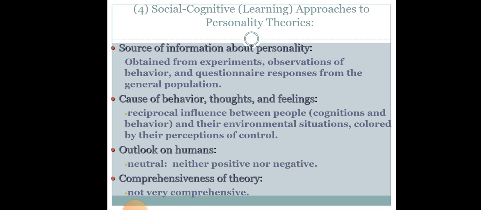I'm going to observe your behavior, and questionnaire responses from the general population. So, this one, another thing, it's the social cognitive. So I'm going to take information from the population. I'm going to put it into written questionnaires. So this is here about the social cognitive.